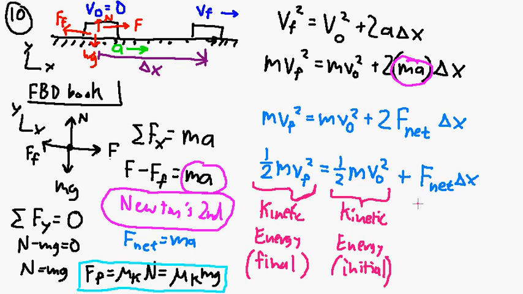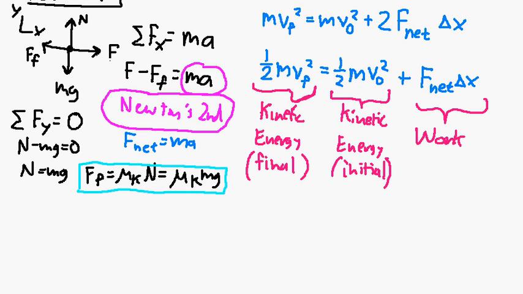There we go. And this is the work done on the book. Work is basically the product of force times distance. If a force acts on something as it travels through a distance and they're both in the same direction, this is it. If they're in different directions, we have to do things with dot products. But because it's all one-dimensional here, this is it.